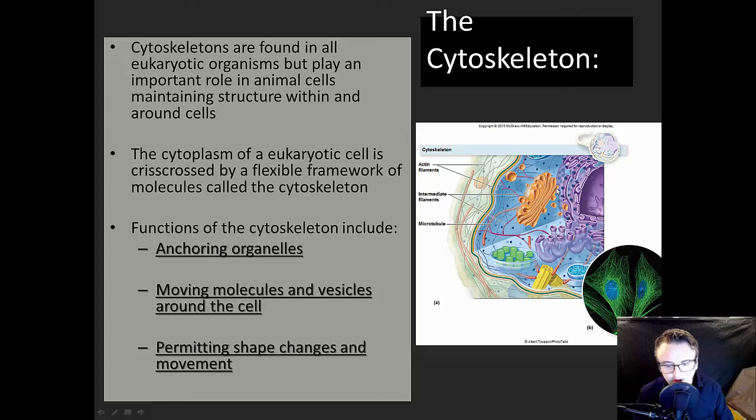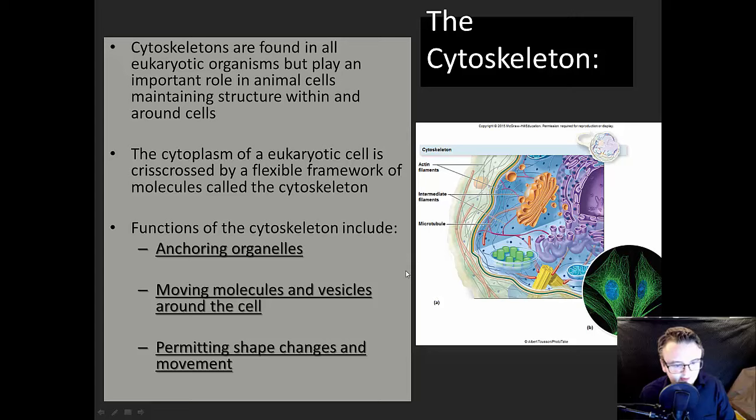So again, these cells get bigger and bigger and bigger, and if they don't reinforce themselves, they'll simply implode on themselves. So they need some kind of way to brace those structures to increase the size. And really, we see that the cytoskeleton provides just that. It provides that reinforcement to allow that larger and larger size to exist, and at the same time not implode.